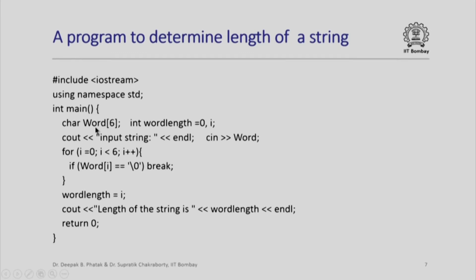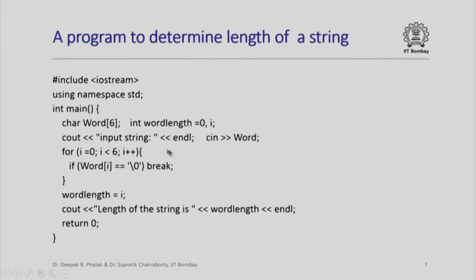Note that this array can contain a word of only up to 5 characters because the 6th character position must be used to insert a \0. Of course, the \0 can occur earlier if the length of the string is less than 5 characters.